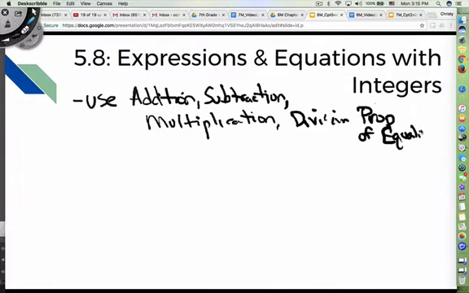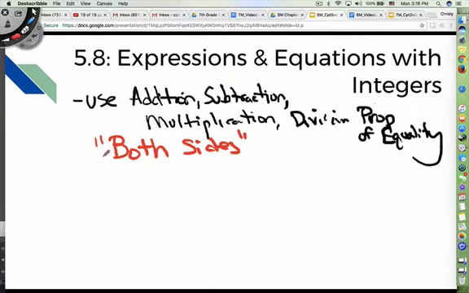That's what we need to be using today. What we do to one side, we do to both sides. And so what you should be saying to yourself is, I'm doing this to both sides at all times. That's what we're always doing in order to solve these problems.